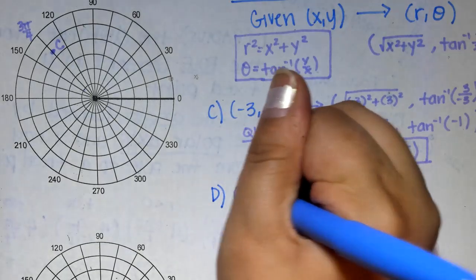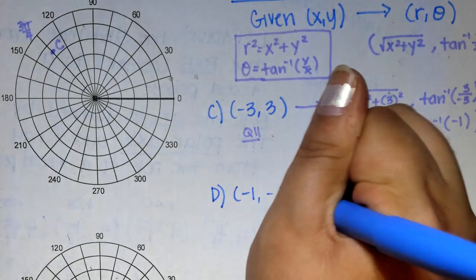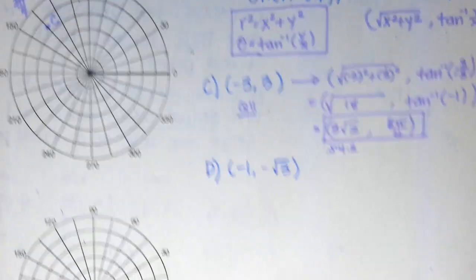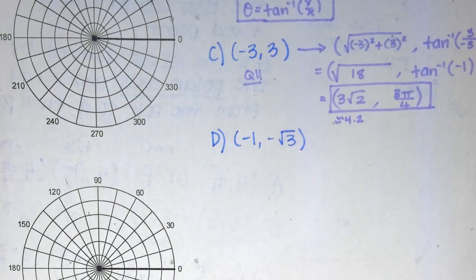I would like you to do this one on your own. Go. Negative 1, negative square root of 3.